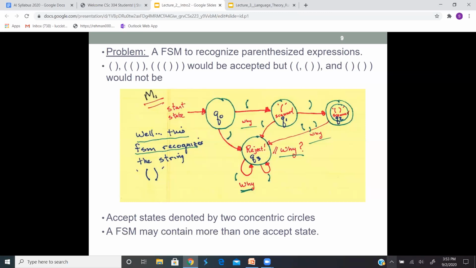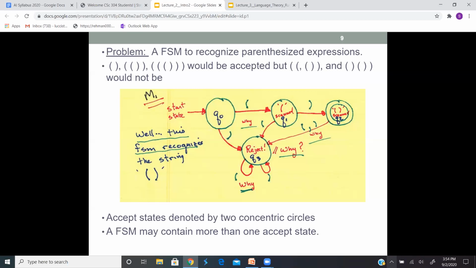concrete. This algorithm has been built to recognize the string, or the finite language, left paren, right paren. Yes, you want the algorithm to recognize all well-balanced parenthesized expressions. This is just recognizing one parenthesized expression. It is not going to recognize left, left, right, right, because we didn't build that algorithm yet.